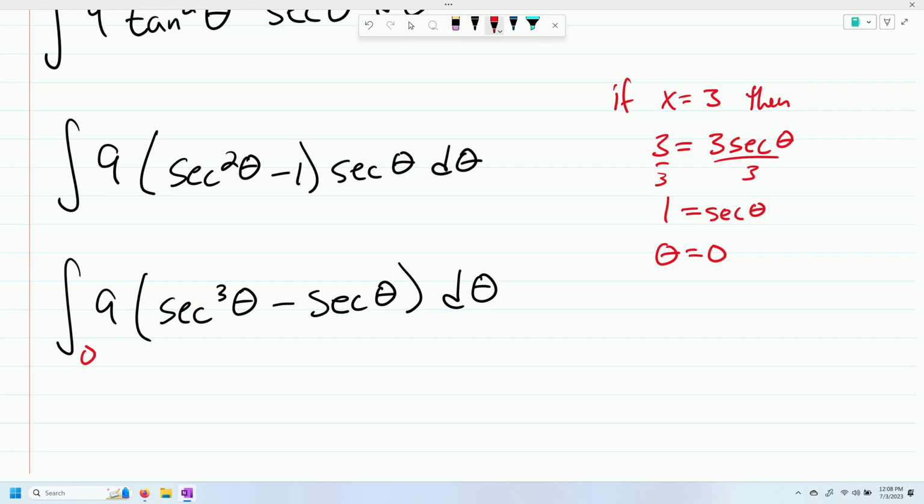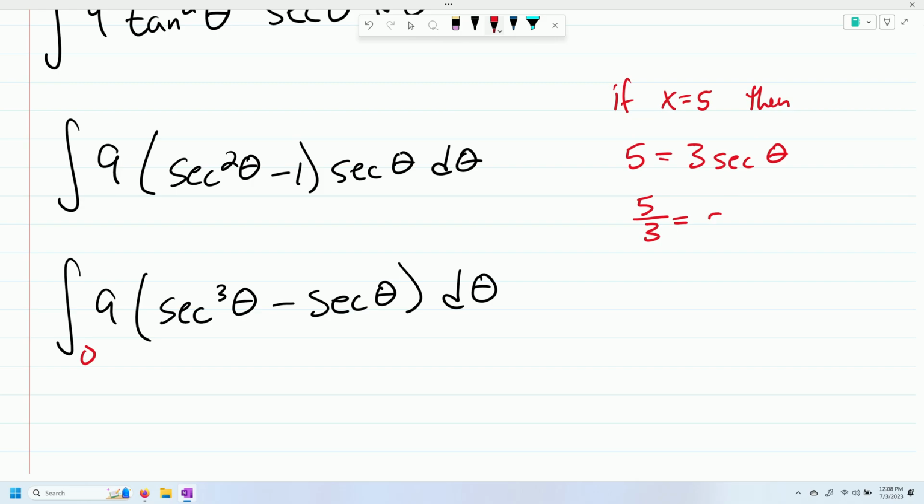Now we're going to do the other one, and this one's a little bit more involved, but it's not bad. We can handle it. If x equals 5, then 5 equals 3 secant theta, which means 5 over 3 equals secant theta.